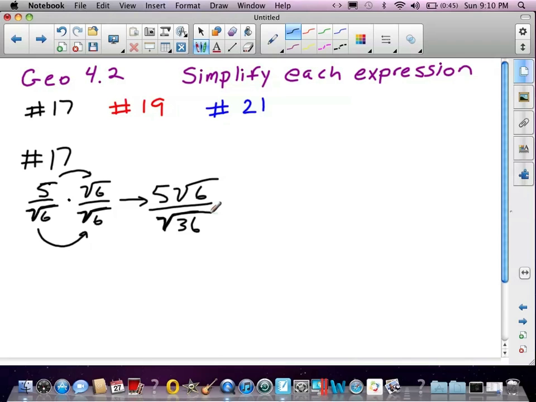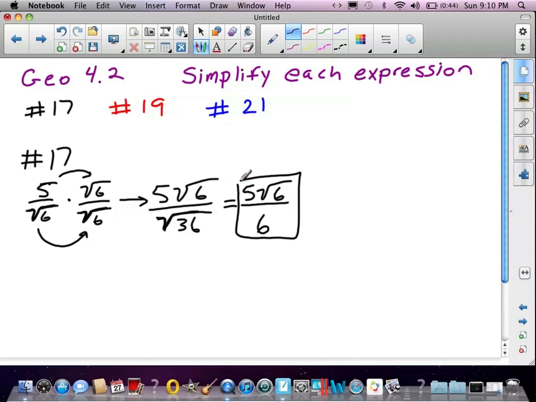So now I can simplify this denominator by finding the perfect square of 36, which is 6, because 6 times 6 gives me 36, correct? So the square root of 36 becomes 6, and I have 5 square root of 6 over 6. And this is my final answer. And that's how I simplify a fraction that has a square root sign in the denominator.